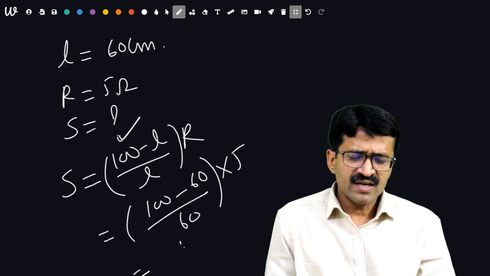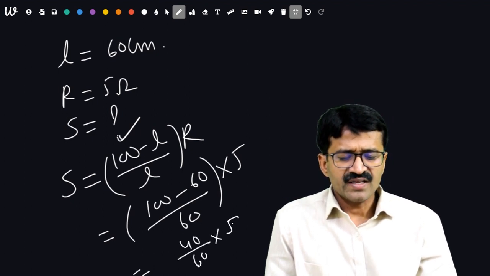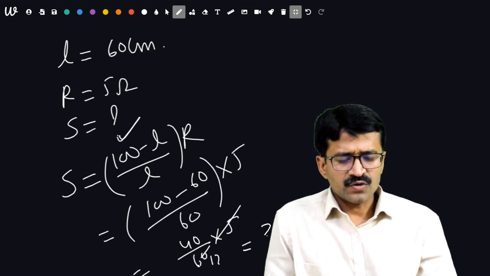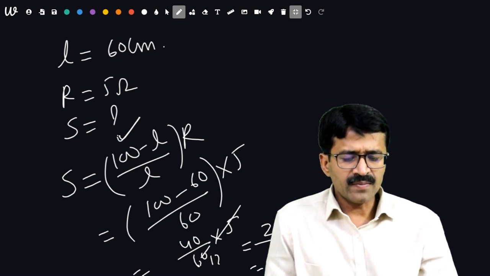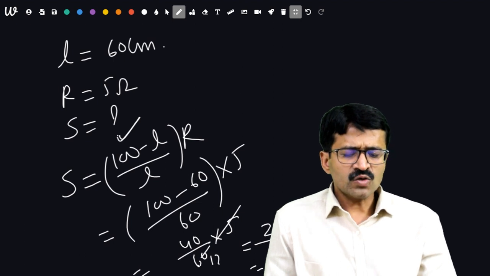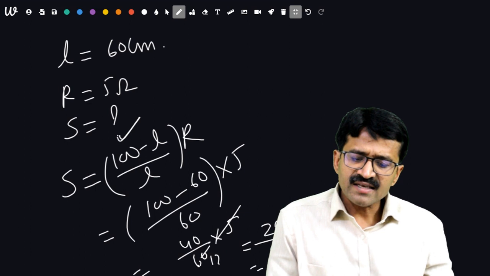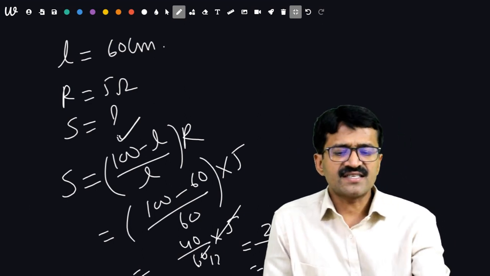Just simplify, 40 upon 60 into 5, that is 20 upon 6 or 10 upon 3. So it is very simple whenever you are given a balancing length and a particular resistance.